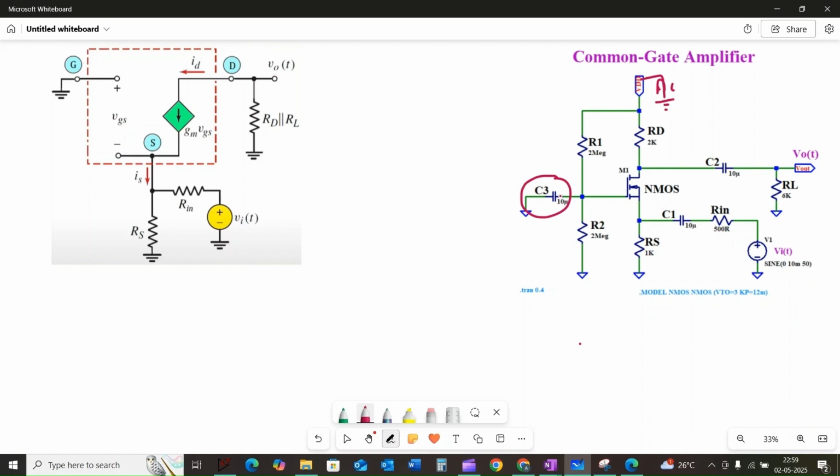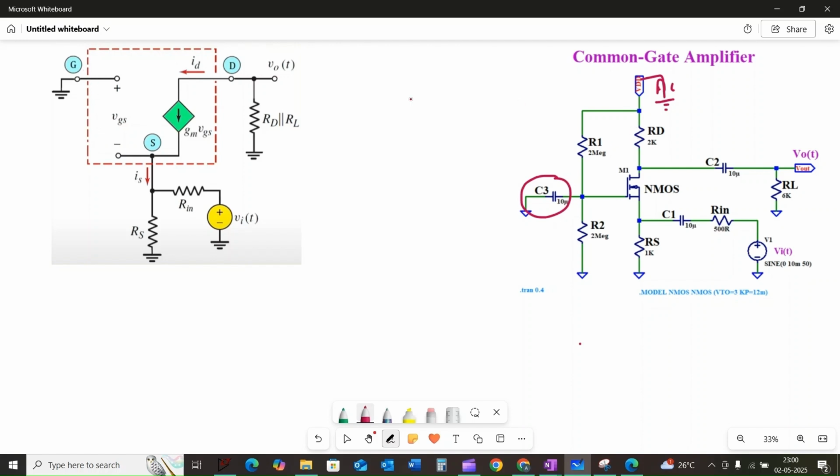If C3 is shorted, the gate terminal is directly connected to the ground, and similarly R1 and R2 are connected to the ground and the AC ground. That's why we are not seeing the resistors R1 and R2 in the small signal model.